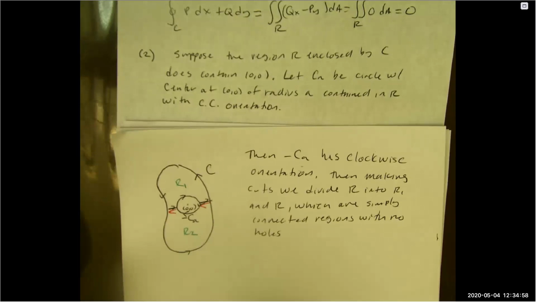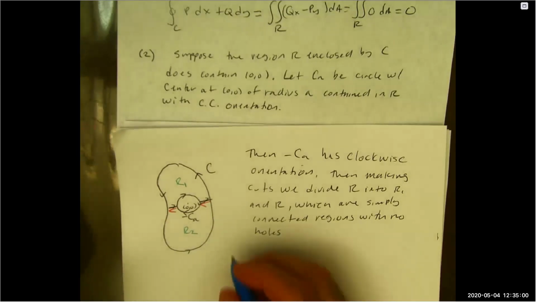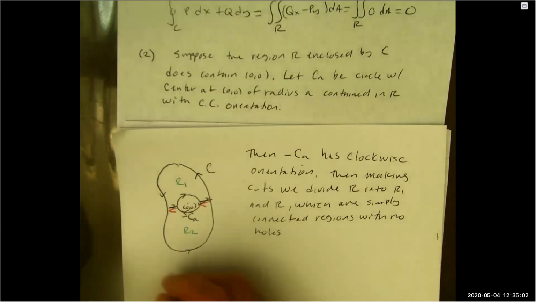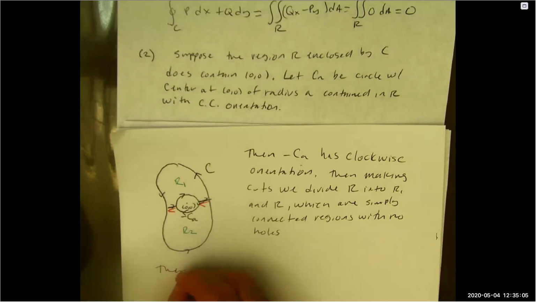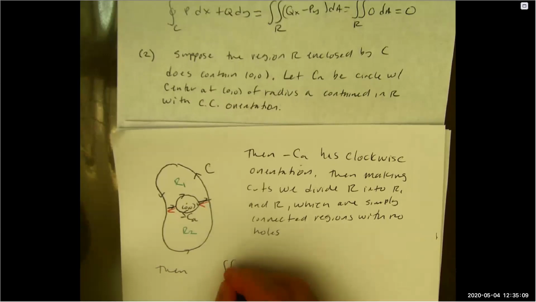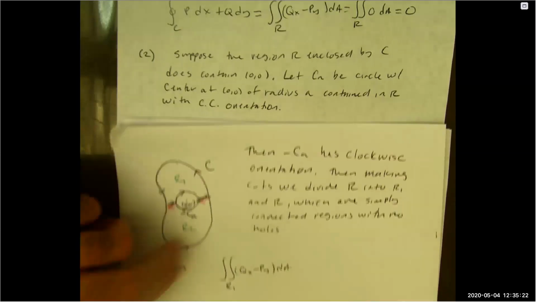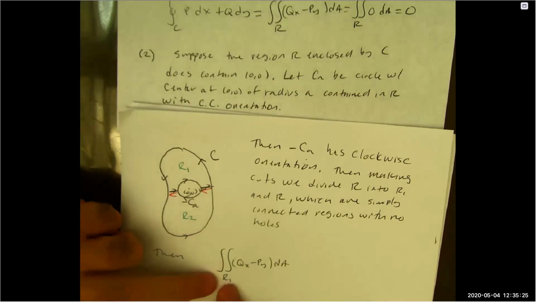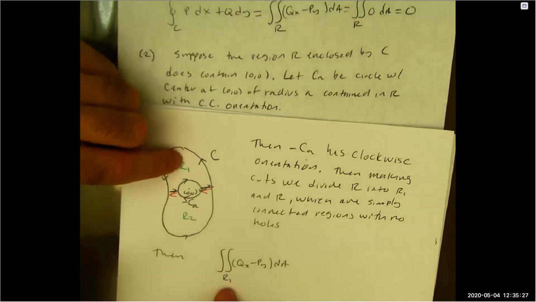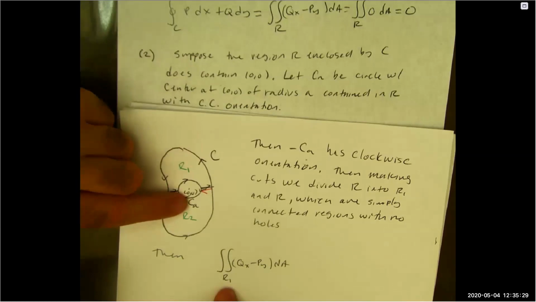So if we look at the double integral over R1 of Qx minus Py dA, in this case the R1 region doesn't include the origin because the origin is right here.